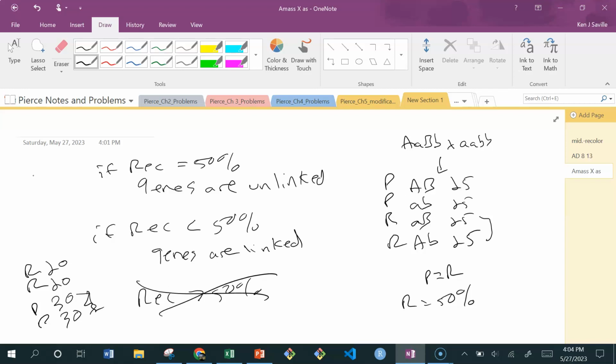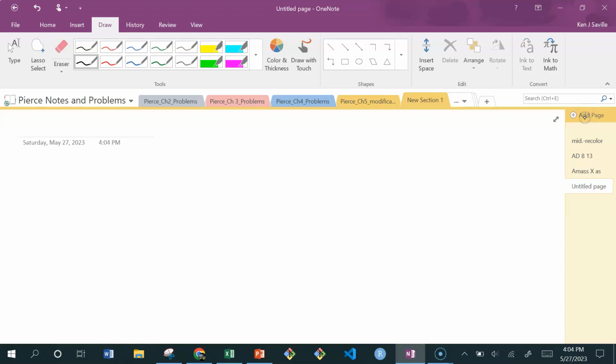All right, so that brings us to one more kind of problem. This is in the book too, just from the text of the book. And it gives you a set of genes like this. So now we've got a bunch of genes, and we want to figure out what the linkage relationships are between these genes.